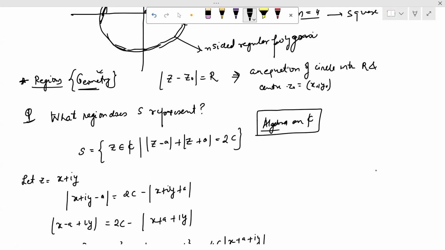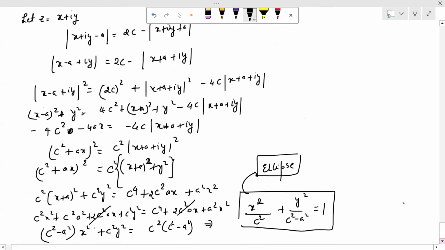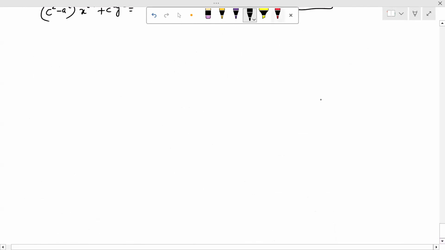Okay, so I'm leaving this lecture with a question. Try to do these questions. And then from tomorrow onwards, we are going to do the topology part.